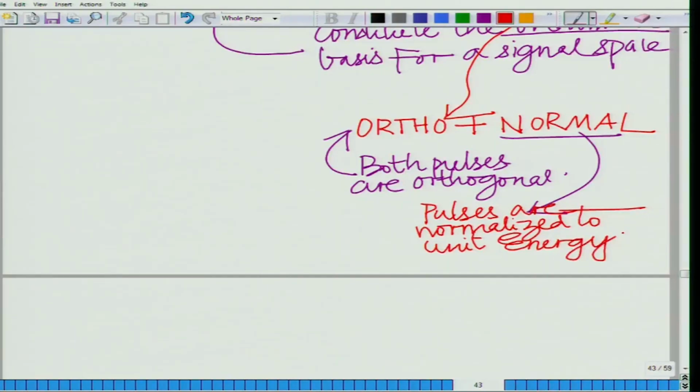So, they are orthonormal pulses, which means the pulses are orthogonal and they are normalized to unit energy, and these two pulses P1(t) and P2(t) form an orthonormal basis for a signal space.